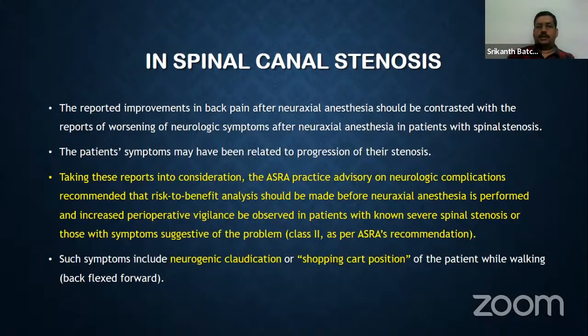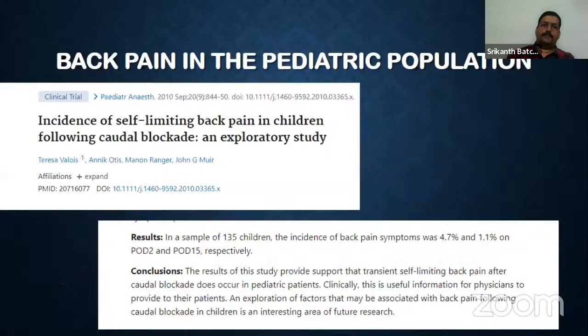This is another sign that the patient may have severe spinal stenosis, and you need to evaluate. This is one more reason we have to ask the patient about the history of back pain, whether he has it now or had it before, to evaluate the cause of the back pain.